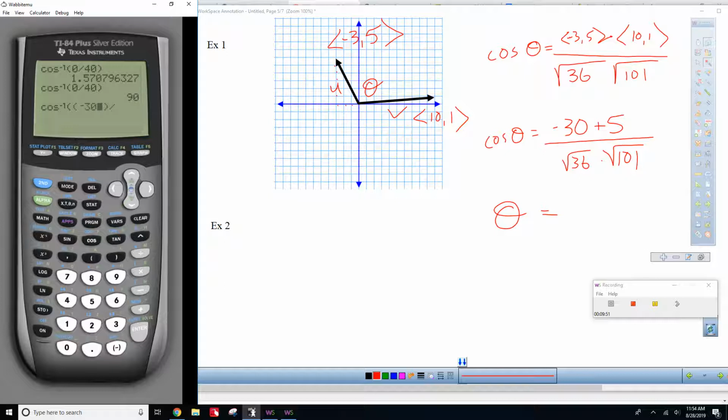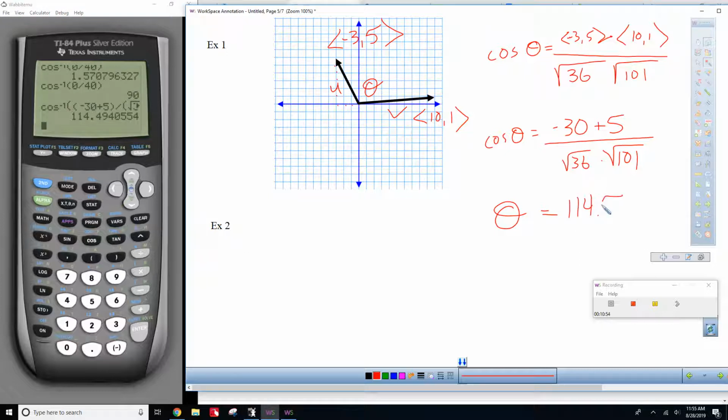Negative 30 plus 5 divided by, parentheses, radical 36 times, you could have just kept both numbers under there, radical 101, close it again, enter, bam, and you get theta is 114.5 degrees, about that. Well, good, that makes sense to me.